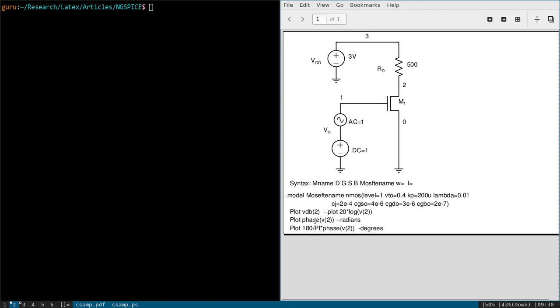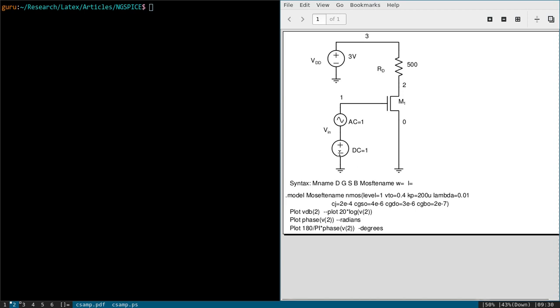If you want to plot the phase response, you can write plot phase(v(2)). That will plot the phase of the voltage at this node in radians. If you would like degrees, multiply by 180 over pi times the phase, and you will get degrees.